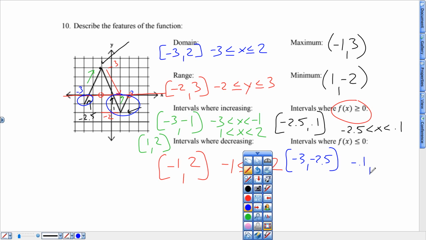I'll use 0.1 all the way to 2, using decimals. And if I use interval notation, I want to check those. All right.